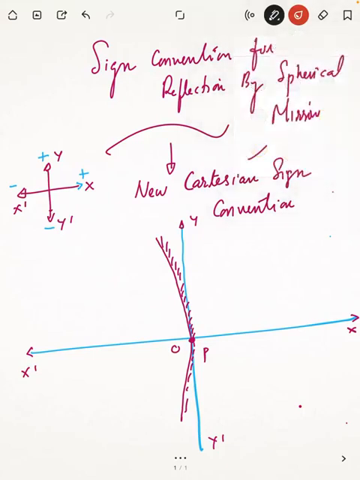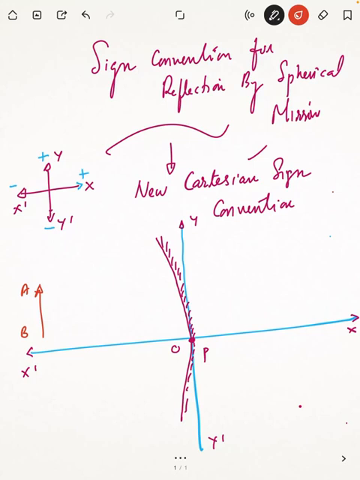Second point, the object is always placed on the left side. This is your object. The object is always placed on the left side as per the sign convention.